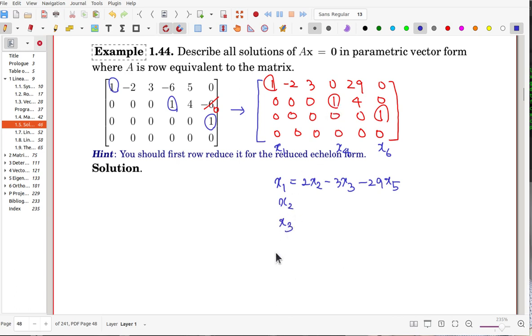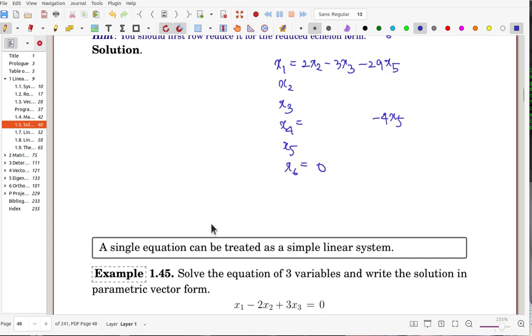Now from this one, x4 is the same as here, minus 4x5, and x5 is free, and x6 is here 0.